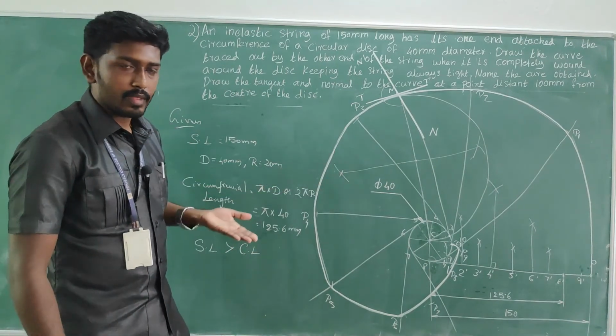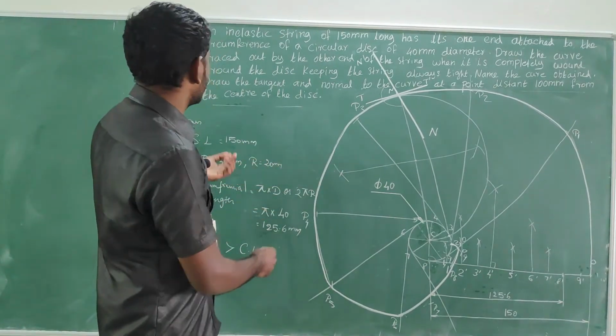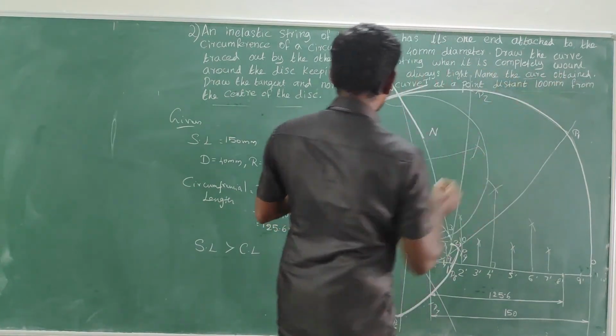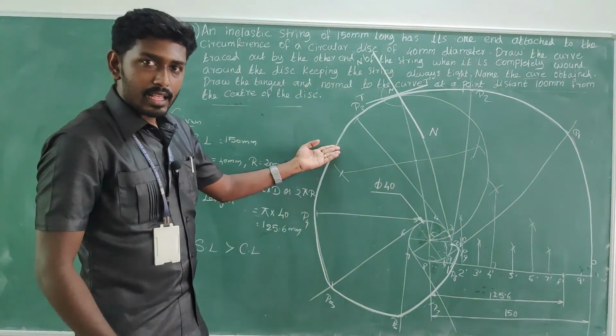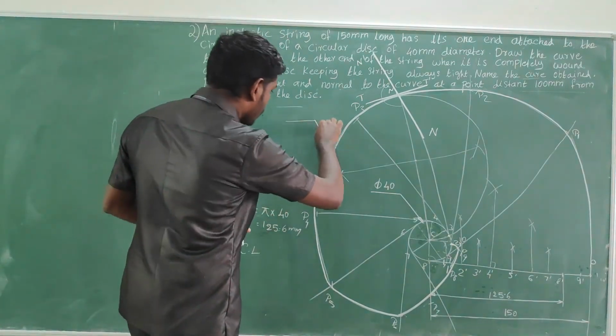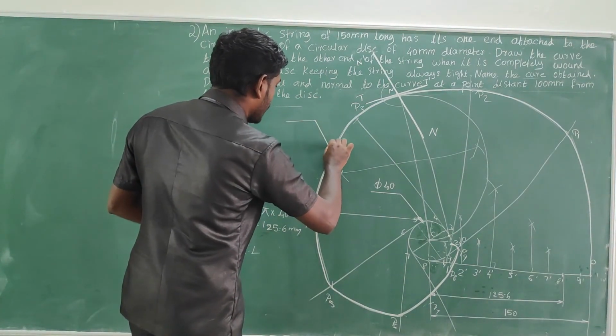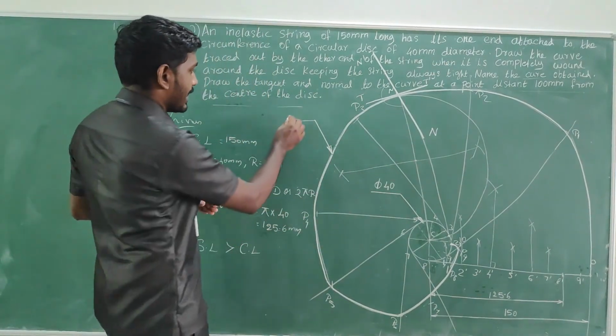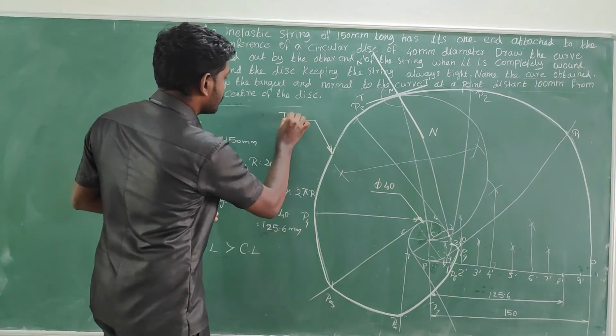And since it is given, name the curve, right? You have to name the curve as a circular involute or just involute. You can do it by taking a leader line, or else at the top you can capture a title, okay? In capital letters you can write INVOLUTE.